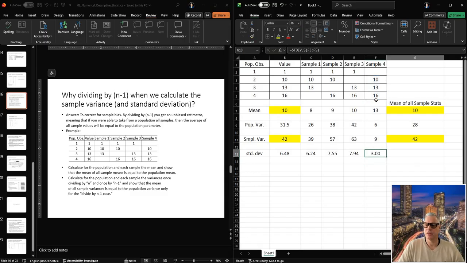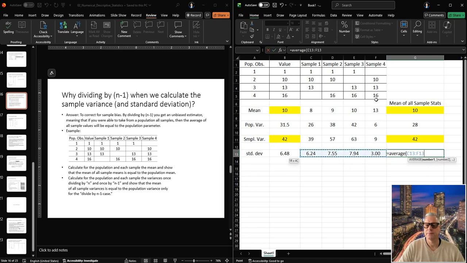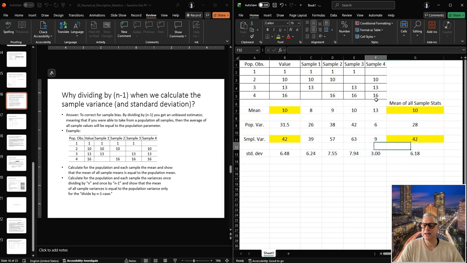And exactly 3. Now let's calculate the average. And now we see that is not the same. So the best thing we can do is make unbiased inferences from the variance. That's the best we can do. Now we know the mean is an unbiased estimator, and the sample variance is an unbiased estimator. The population variance or the sample standard deviation are not.